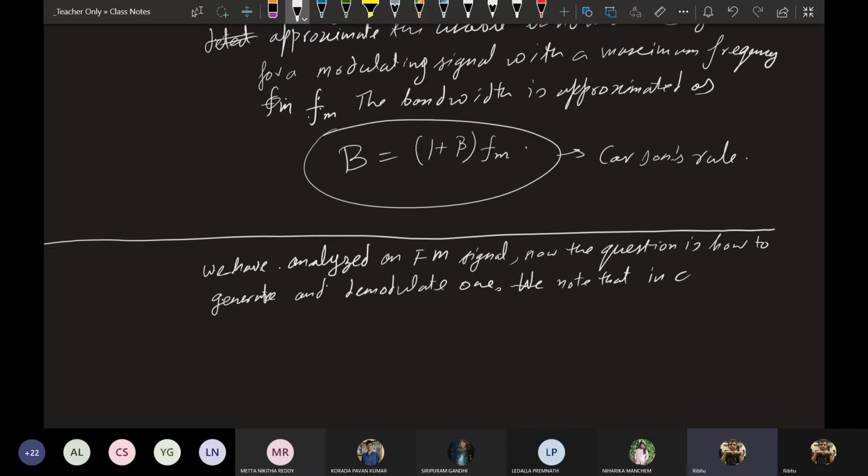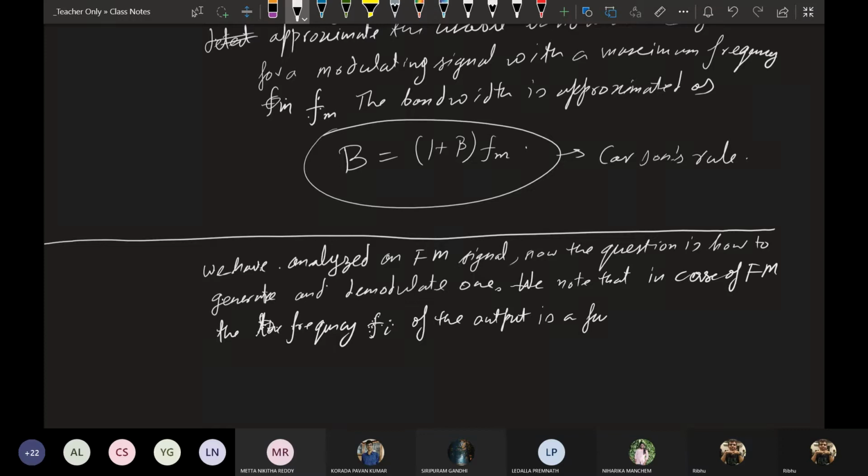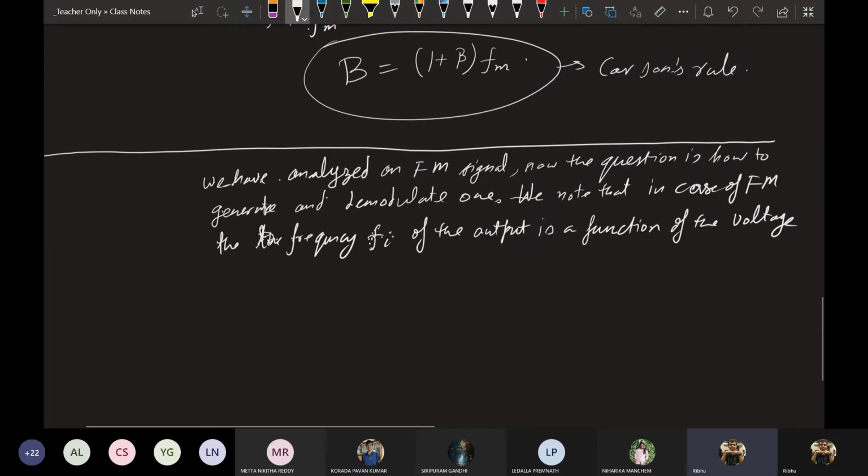In case of FM, the frequency output is a function of the voltage, the message signal.